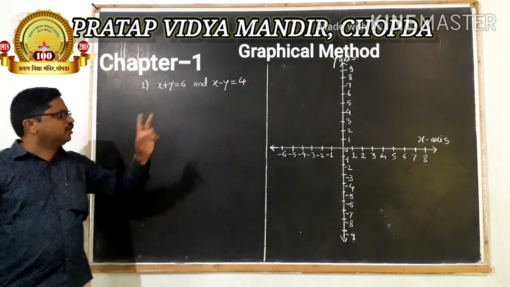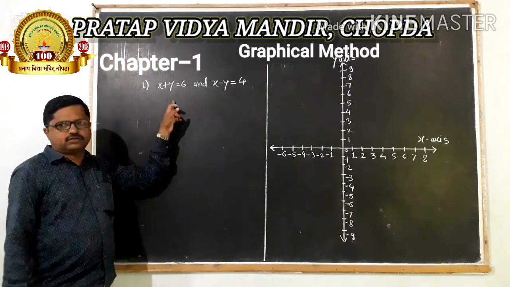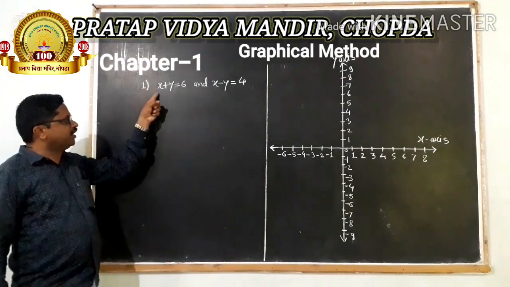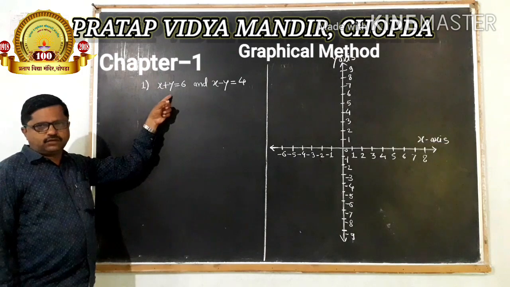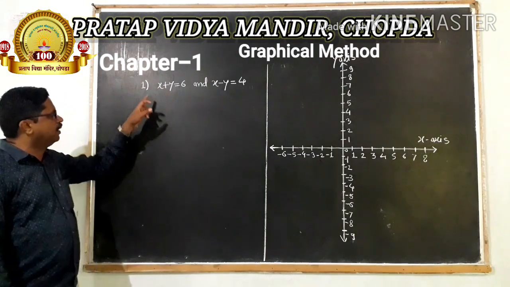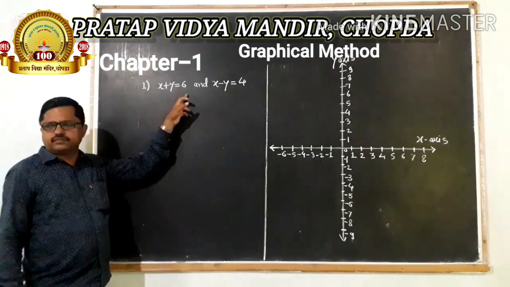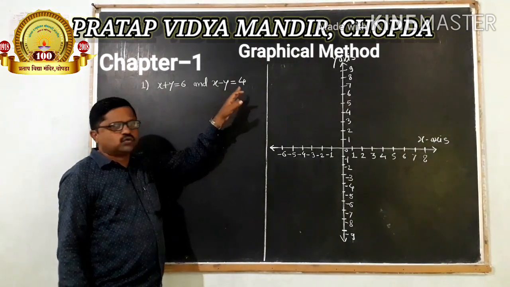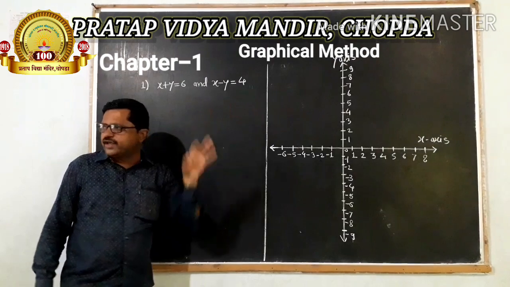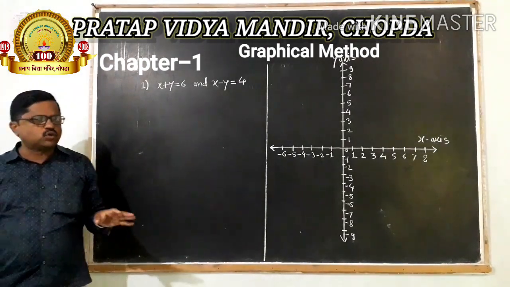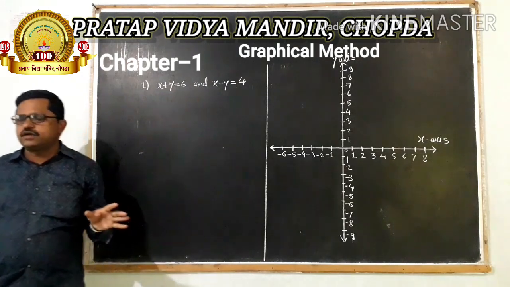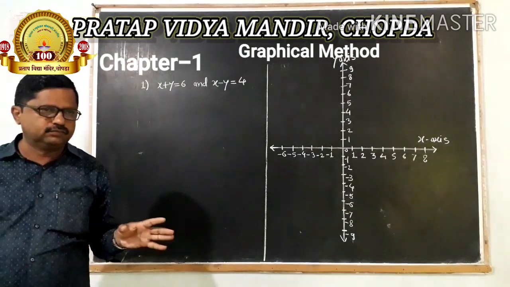You can see that in these two equations, two variables are used: first is x, second is y. Our today's topic is how to solve these linear equations by using the graphical method.